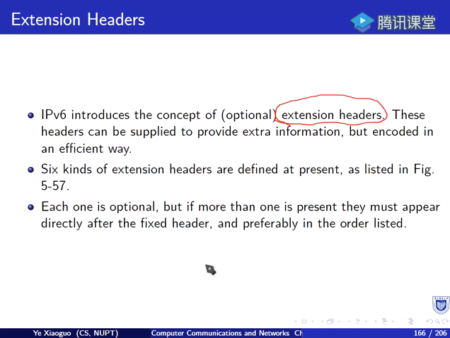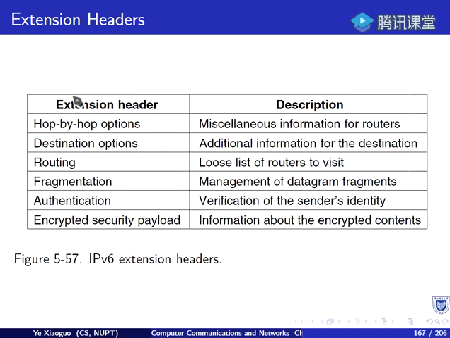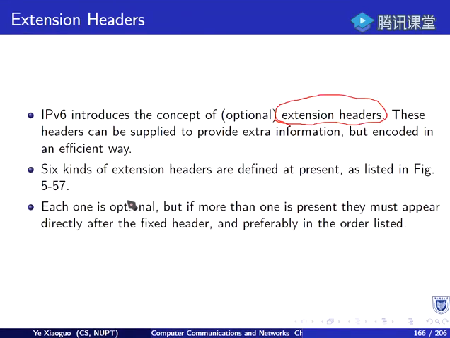Six kinds of extension headers are defined at present, as listed in this figure, IPv6 extension headers: hop-by-hop options, destination options, routing, fragmentation, authentication, and encrypted security payload.